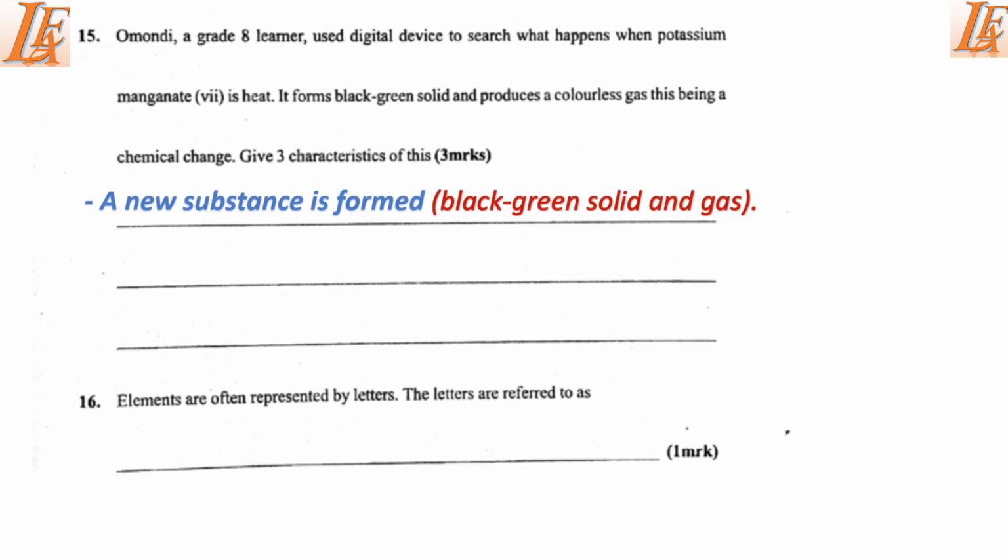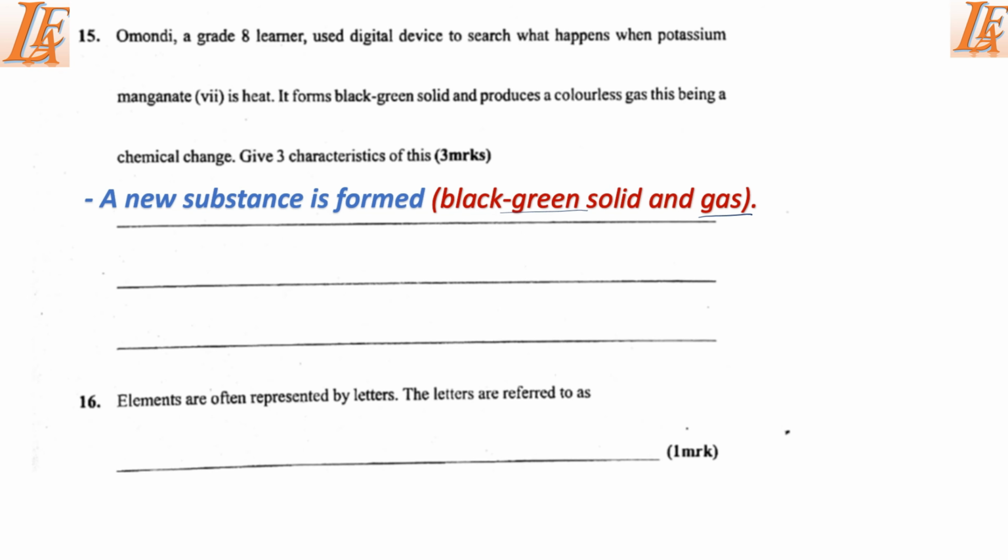So the first one is that in a chemical change, a new substance is formed. This new substance in this case is a black-green solid and also a gas which is produced. These are new substances because the original substance was potassium manganate 7.